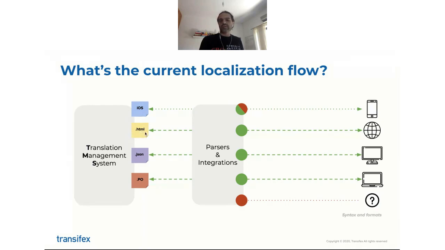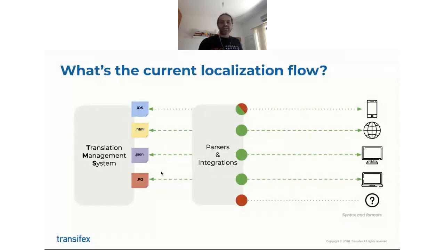These cases are HTML, JSON, and PO. But even in those cases, there are problems, because those file formats are not consistent between them. In one case, you might have the ability to define some context or tags, like you have for PO, but for HTML you can't do that. Also, the way you define variables and placeholders in one file format is quite different from the other.